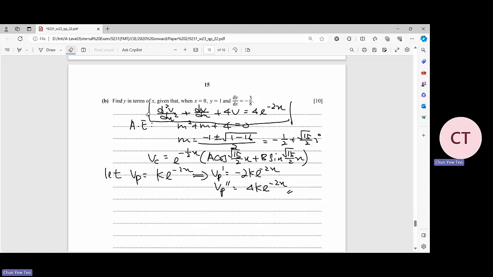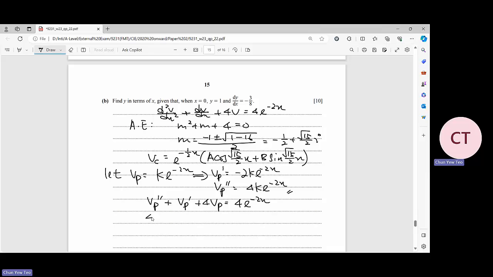Replace them inside this equation, you will get vp double prime plus vp prime plus 4vp will equal to 4e^(-2x).